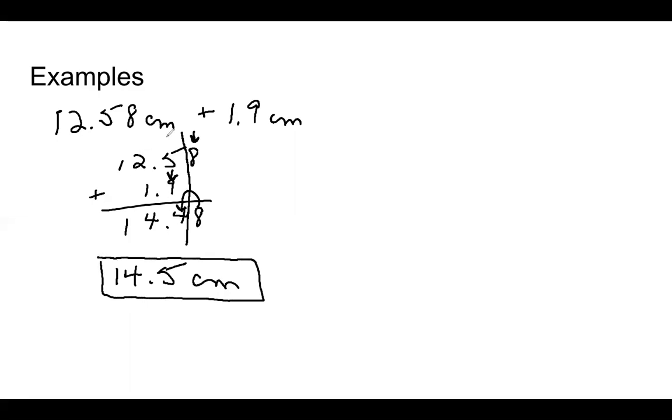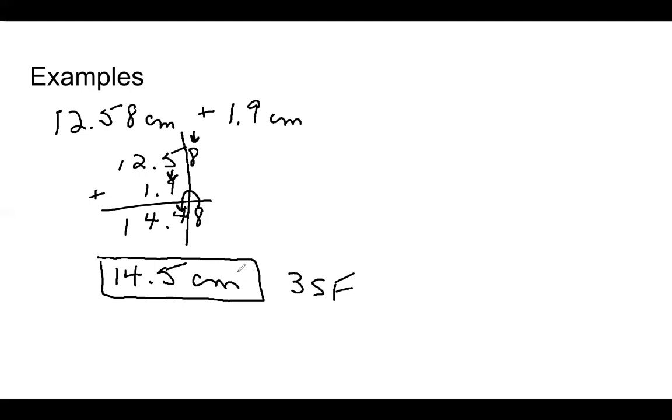If we had looked at the sig figs, 12.58 has 4, 1.9 has 2. That doesn't matter. What matters is where we cut it off. Then if we need the sig figs in our answer, 1, 2, 3, our answer has 3 sig figs. But we did not get that from the measurements that we used to do our calculation.